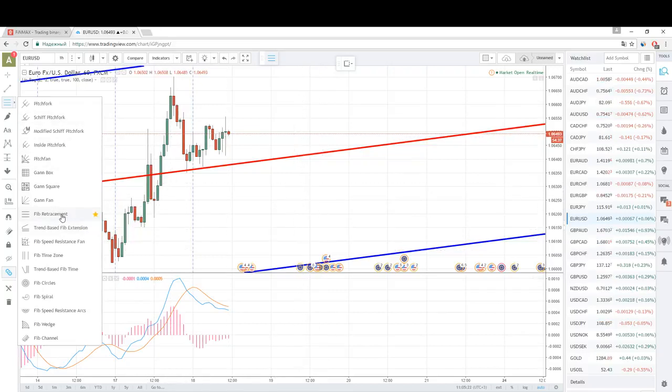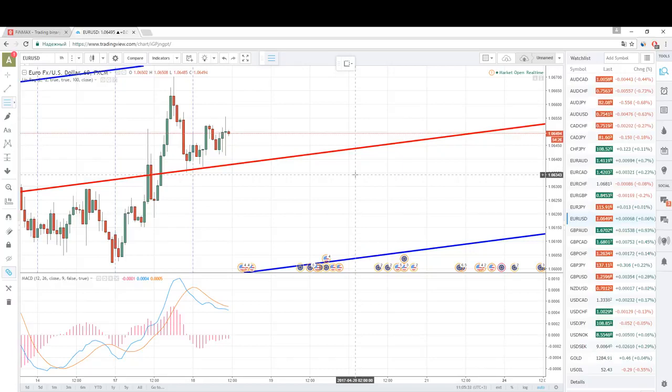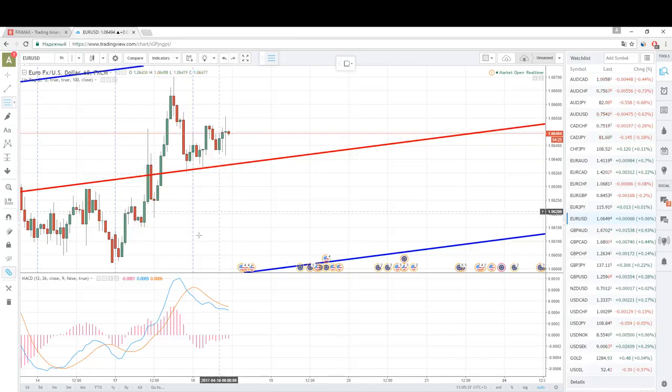Right now I'm using retracement as one of the instruments. So what's the point and how to use it? First of all, we choose the maximum and minimum of the price within a certain period that we are planning to analyze.